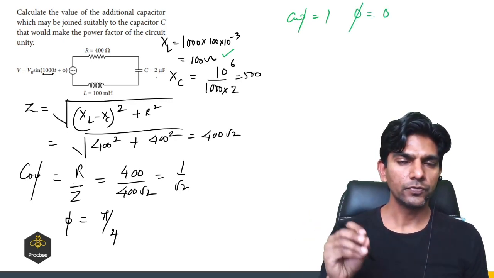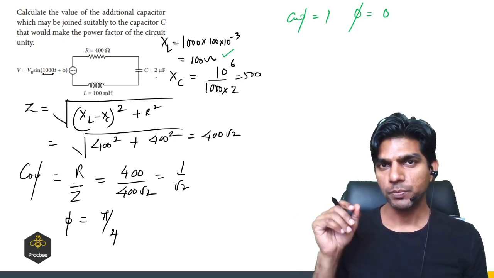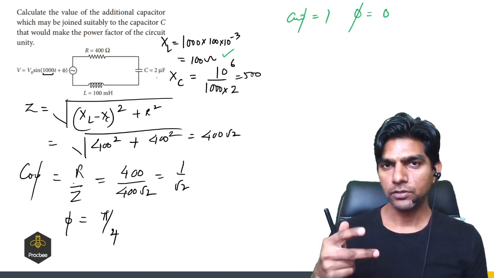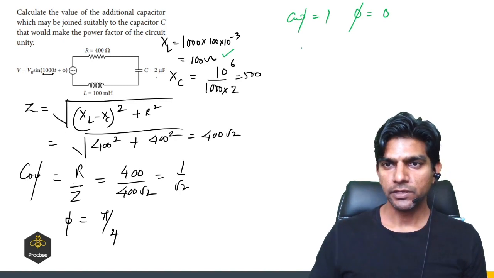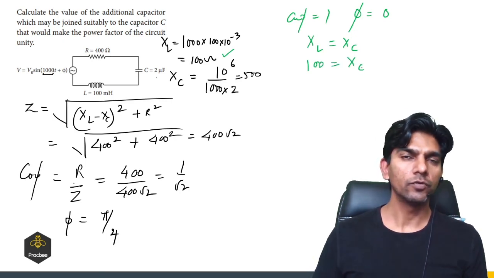And to have a 0 phase difference between the current and the voltage, the circuit has to be purely resistive. To make it purely resistive, the voltage across the capacitor should balance the voltage across the inductor. So we can say XL should be equal to XC. The XL value is fixed, that is 100, right? We can alter the XC value, right? So we want a new capacitive reactance of 100 ohms.